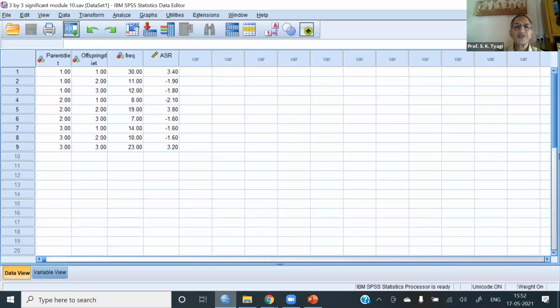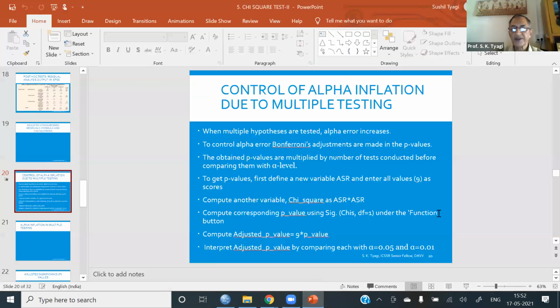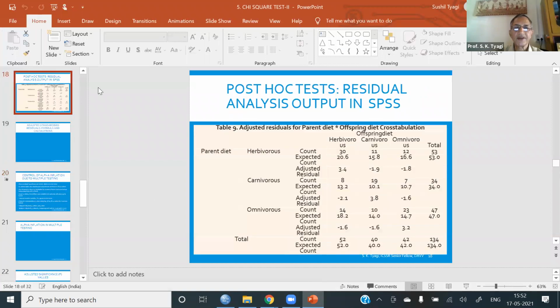The first step is we have nine ASR values. 9 adjusted residuals are here. One is 3.4, in case of herbivorous. In case of herbivorous, carnivorous, minus 1.9. So take them all to be variables.